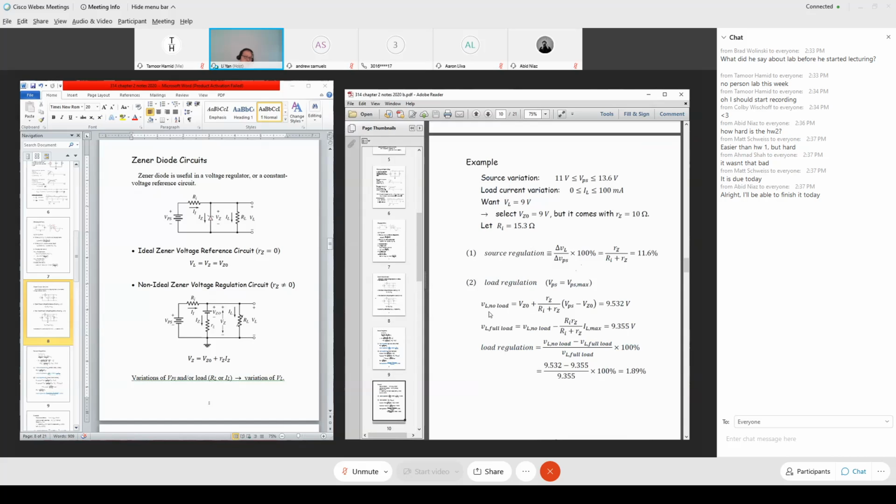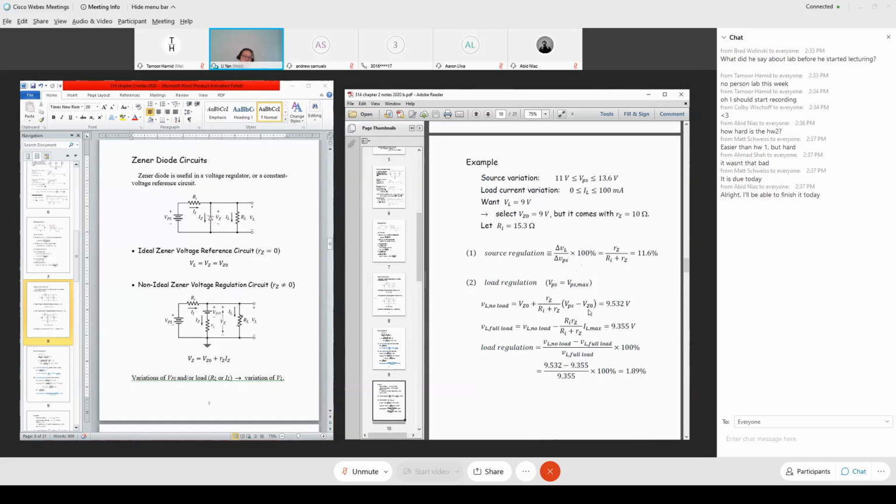So, load current change. First case, zero load current, low load. That's the formula we derived earlier, this expression. You plug in the value of VZ0, 9 volts, the value of RZ, 10 ohms, the value of RI equal to 15.3 ohms, and VPS equal to VPS maximum, 13.6 volts.